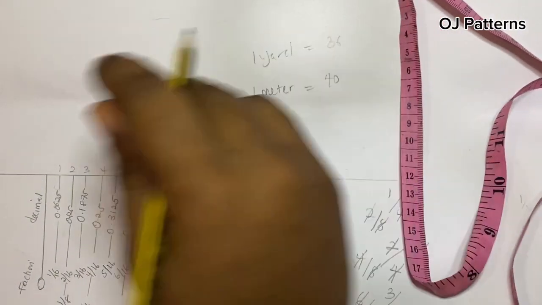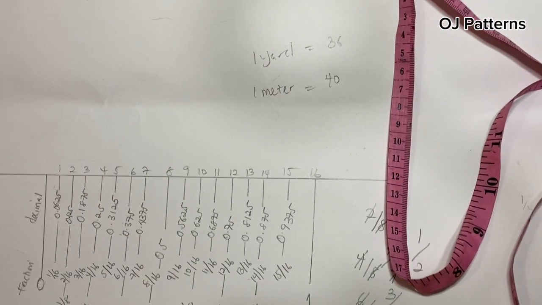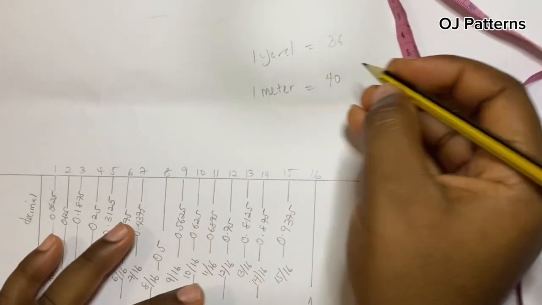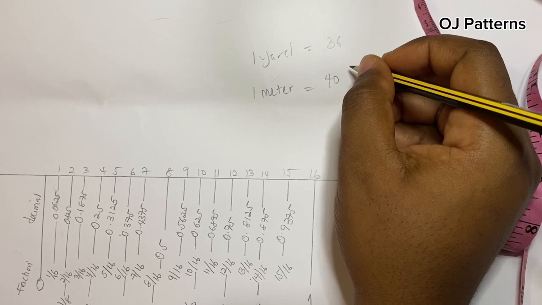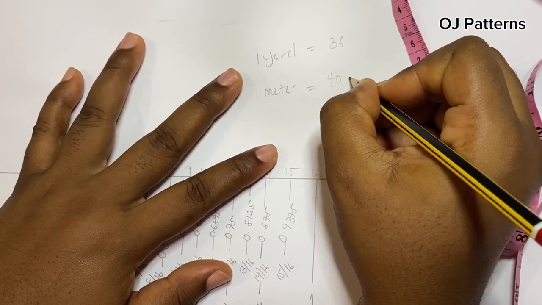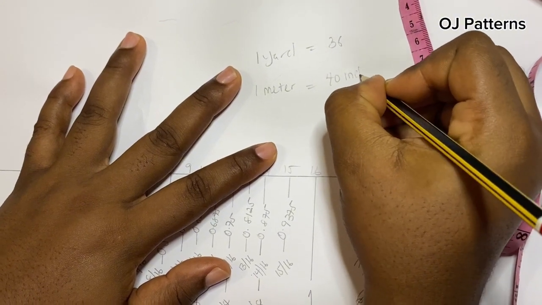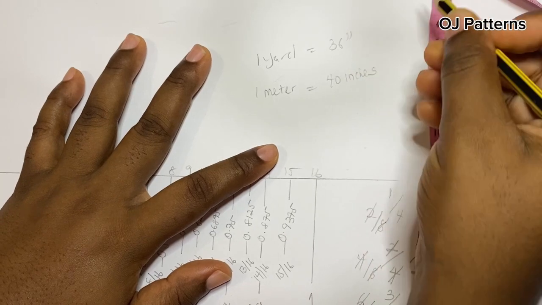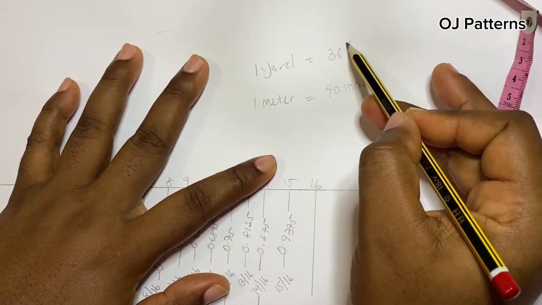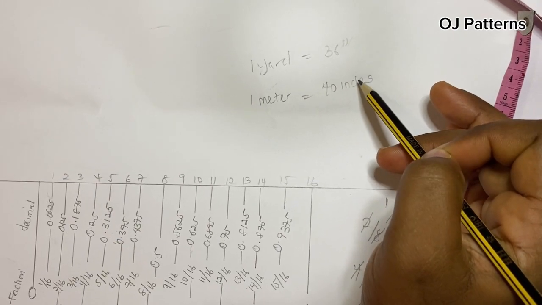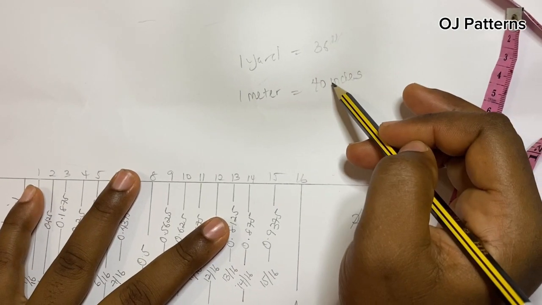Don't forget, as I said earlier, in the imperial system we use yards, feet, and inches. So 1 meter consists of 40 inches. Now this is inches. You know, the symbol of inches is the two inverted commas. Wherever you see it, it is inches, or you can write it out fully. Now 1 meter consists of 40 inches.